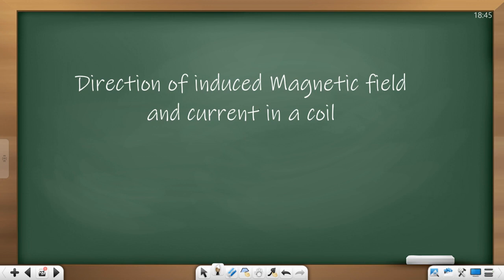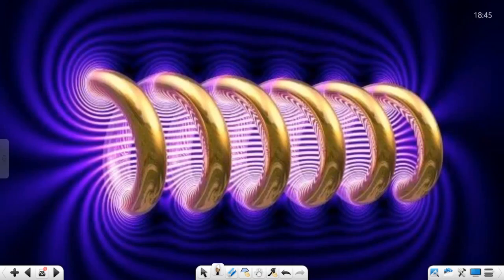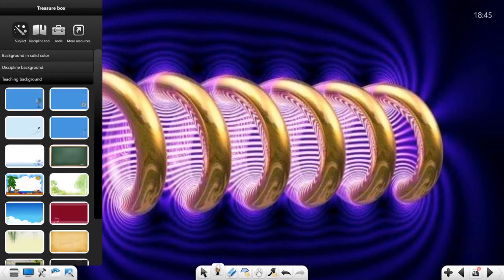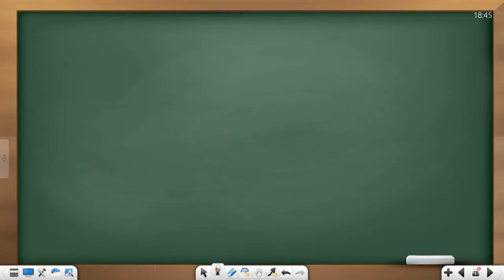Remember, we said when we have a magnet going through a coil, current is induced. Please, I want you to get this point. This is where learners get confused, and I want to really assist you.